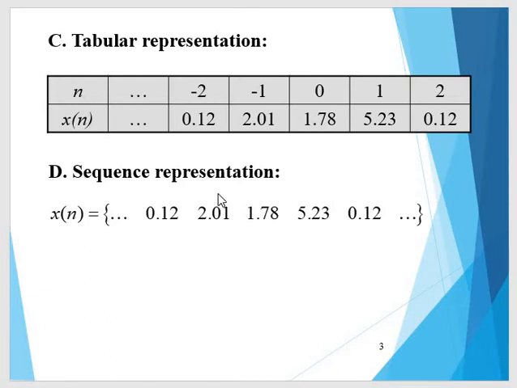Am I clear? Okay. Next, we are going to the basic signals of our discrete signals, or discrete time signal. In your analog signal processing or in your signals and systems, you have already studied that we have different types of basic signals. In the case of discrete signals also we have those basic signals.